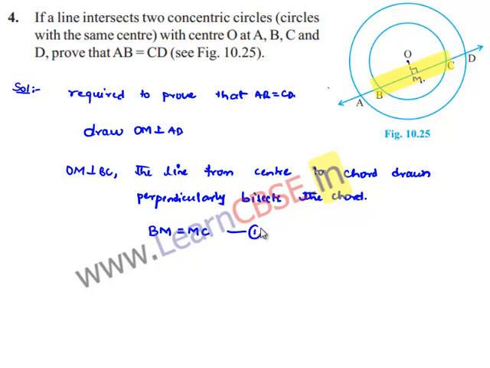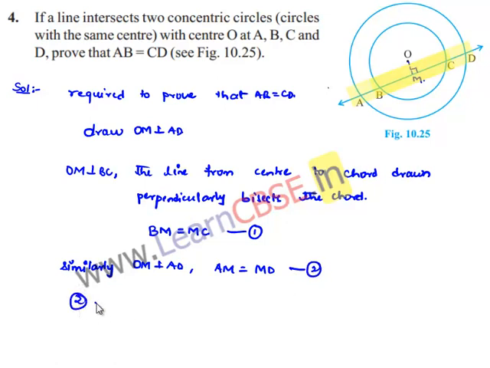Let it be equation number 1. Similarly, if we consider that OM is perpendicular to AD, then it divides the segment AD into two equal halves, that is AM is equal to MD. Let it be equation number 2.